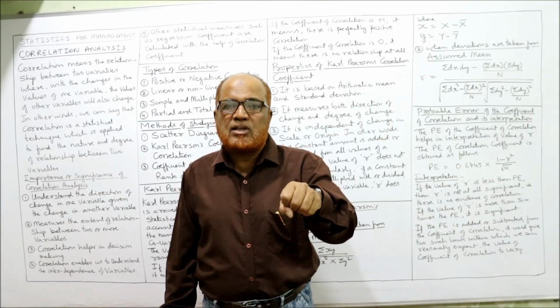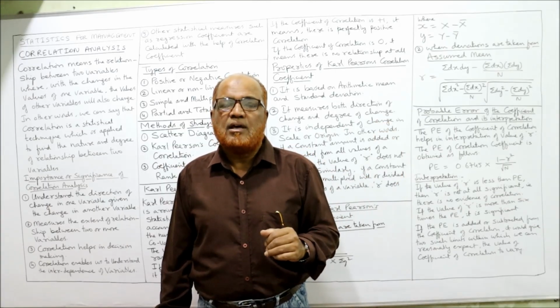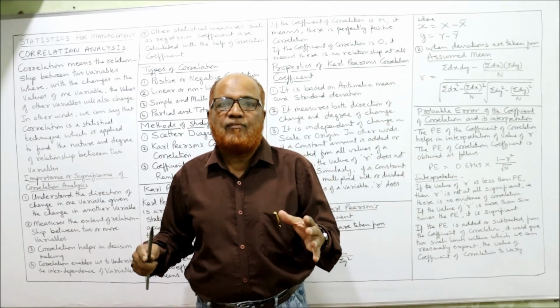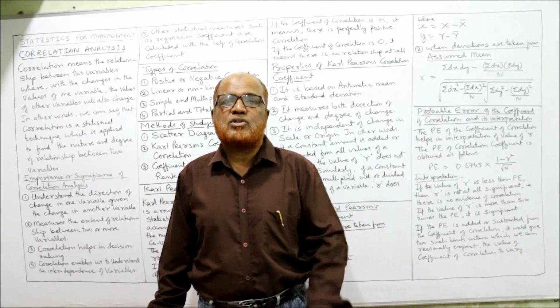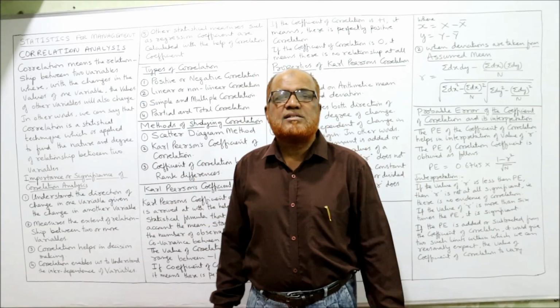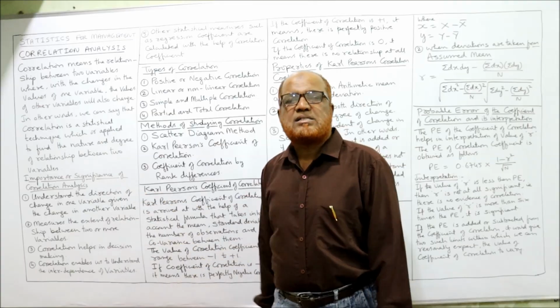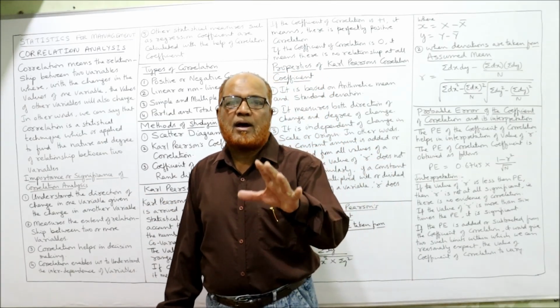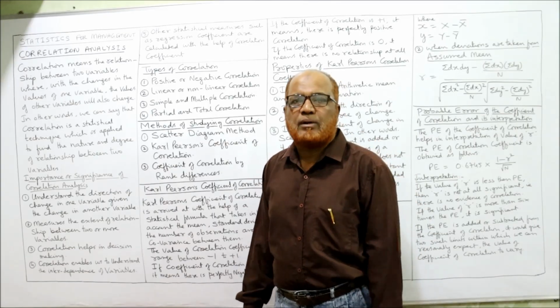If there is a change in advertisement, it leads to change in sales. If there is a good rainfall, there is possibility of good agricultural production. Like this, so many cases are there where we have some relationship between variables. So this statistical technique will be applied to analyze the behavior of two variables.